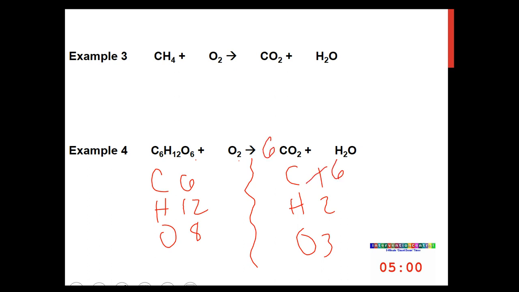I now have 6. We need 12, so what times 2 will give me 12, and that's 6. Now I have 12. And now let's see how many oxygens I'm working with. So 6 times 2 gives me 12 on there, and 6 times 1 is 6. So we have 12 plus 6, which is 18.